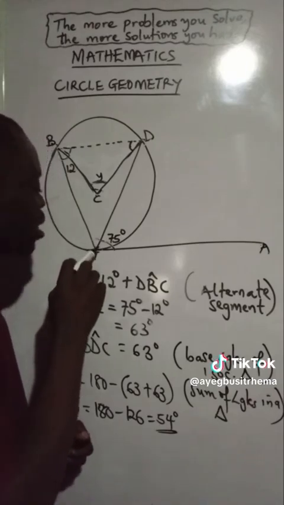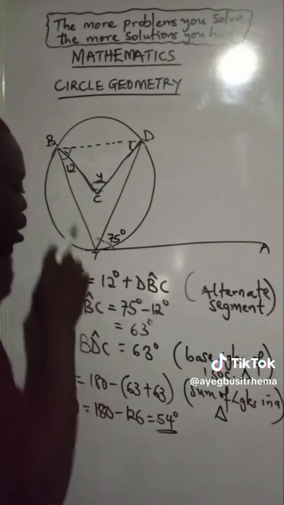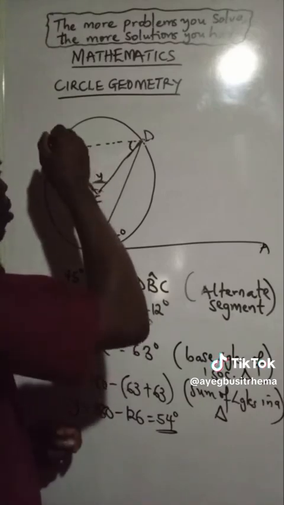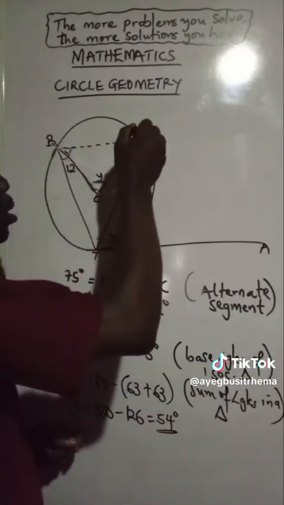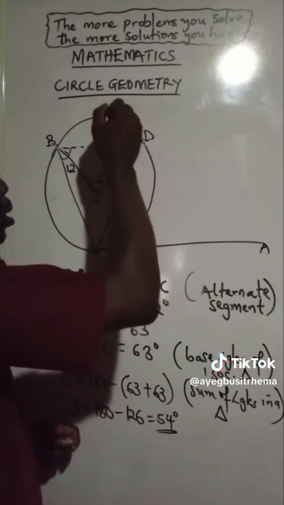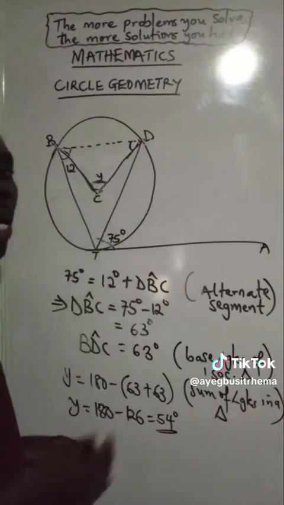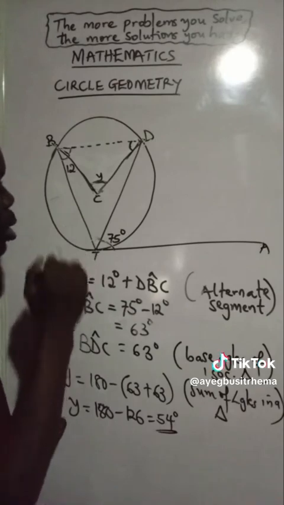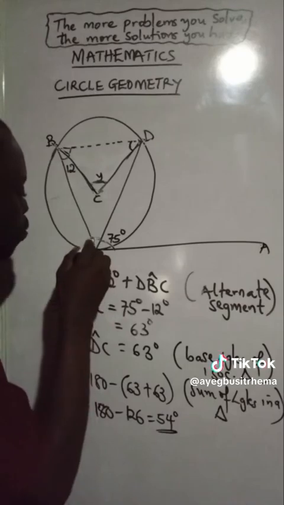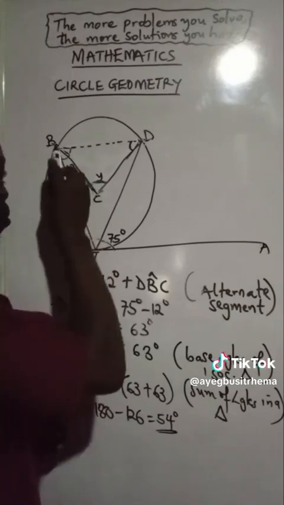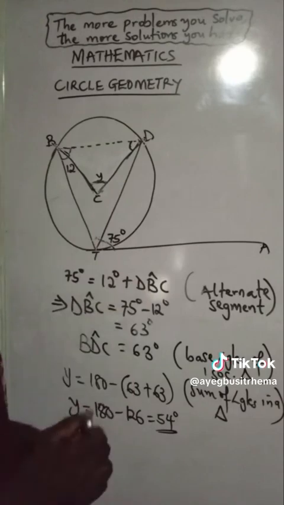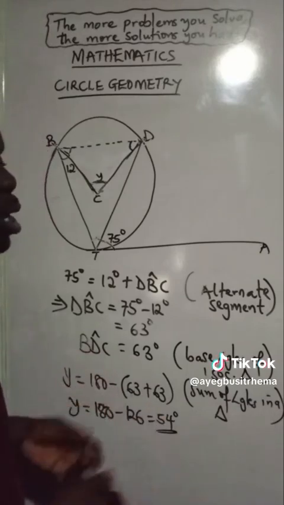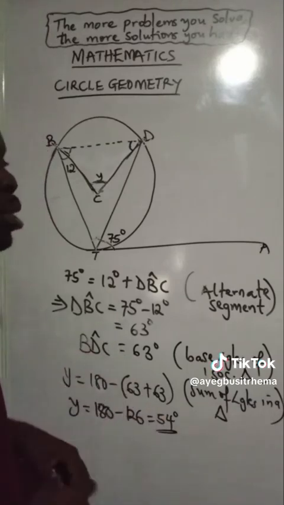That is this angle BTD, the angle subtended by this arc BCD. So the angle subtended by an arc of the circle at the center is twice the one at the circumference, that is the angle formed at the circumference, which is BCD. So you already know what that will give you. That is how to attempt or solve questions like this in circle geometry.